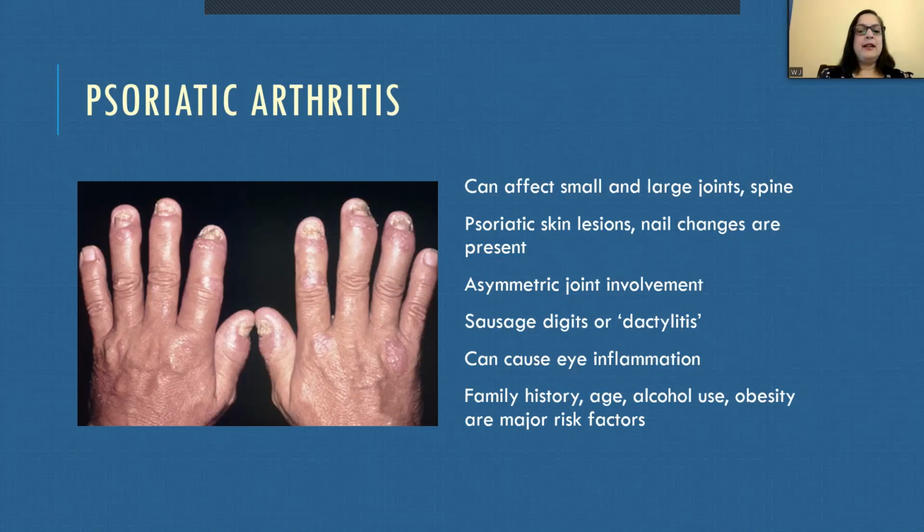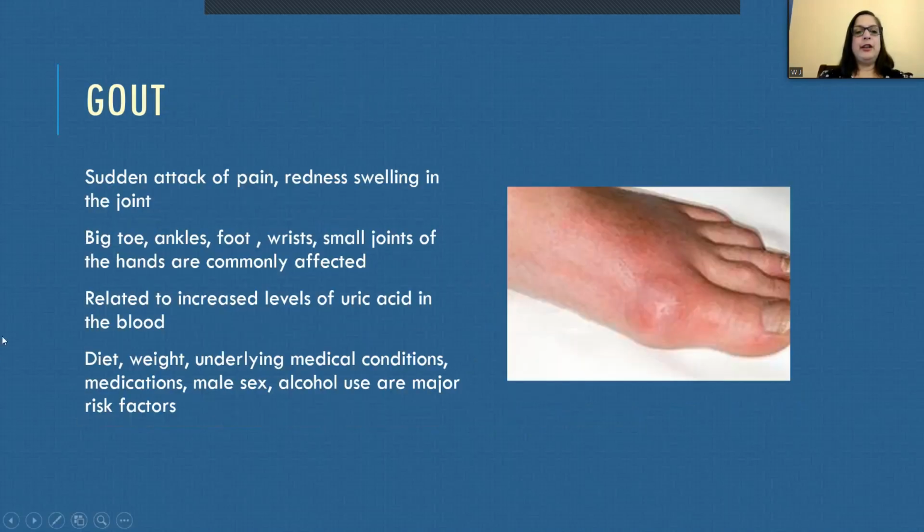The digits are inflamed and swollen, called sausage digits or dactylitis. It can cause eye inflammation, cause uveitis. Again, family history, obesity, alcohol use, age are major risk factors for development of psoriatic arthritis.